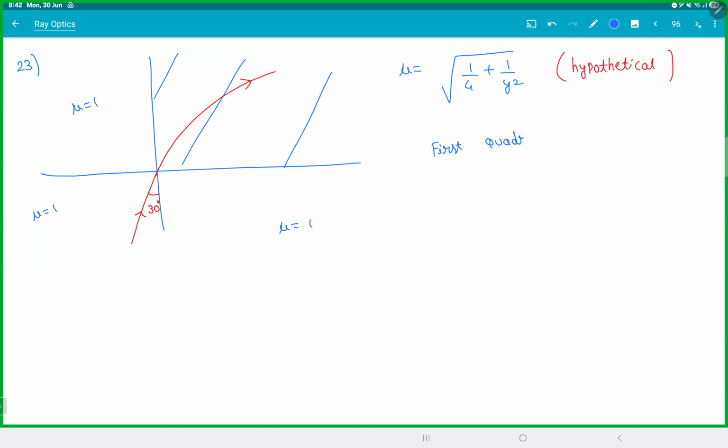If you have a medium where mu changes, light ray won't go in a straight line. Let's see how you approach this.